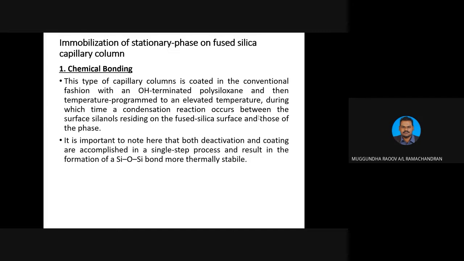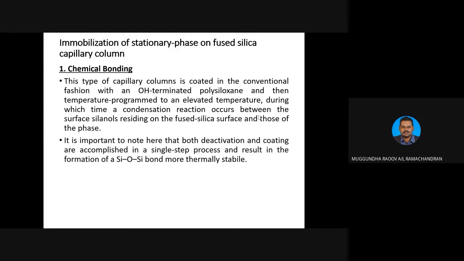Immobilization of stationary phase on fused silica capillary column by chemical bonding. Basically, this type of capillary column is coated in the conventional fashion with an OH-terminated polysiloxane and then temperature programmed to an elevated temperature, during which time a condensation reaction occurs between the surface silanols residing on the fused-silica surface and those of the phase.